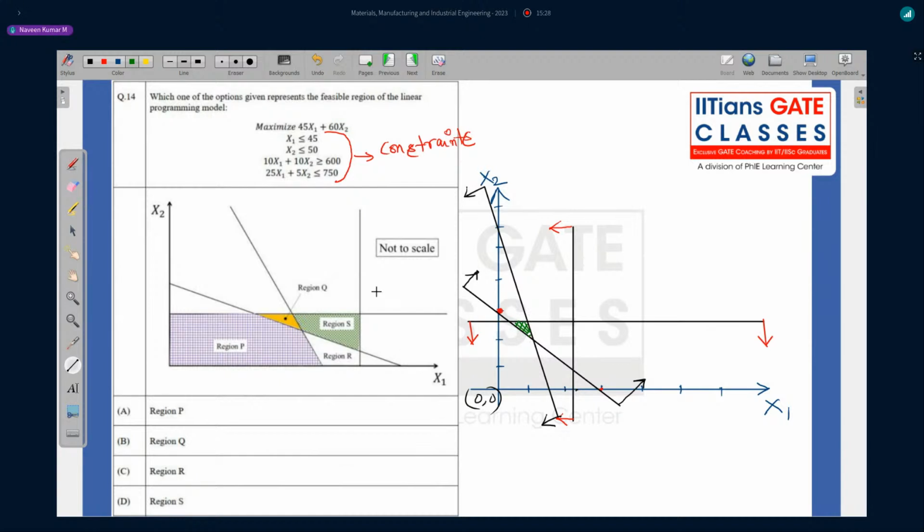Okay, so that is what is your region Q. That is what is your feasible region. That's it. It's a very simple question. The answer is B. Very simple question. Okay, it's very easy one.